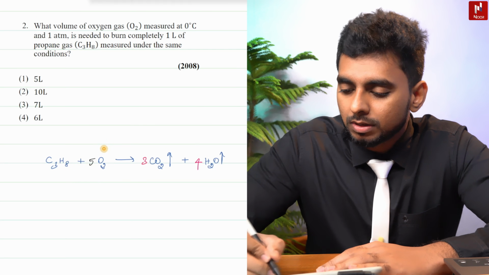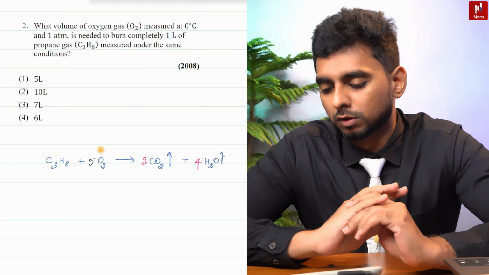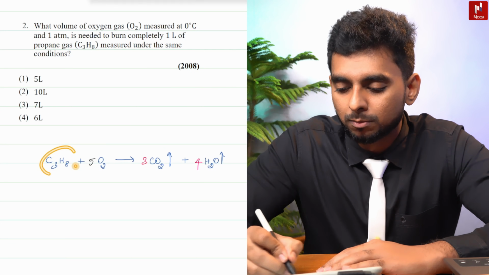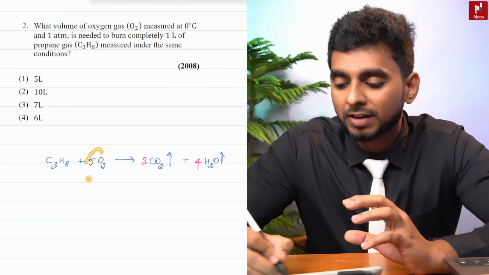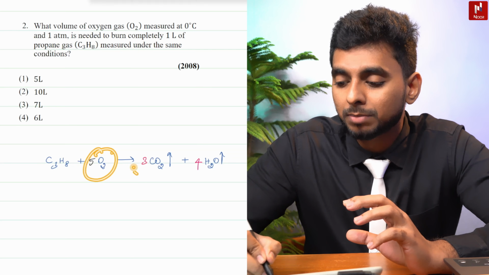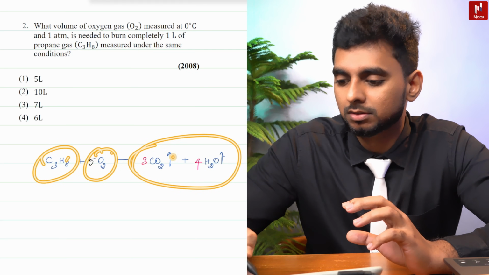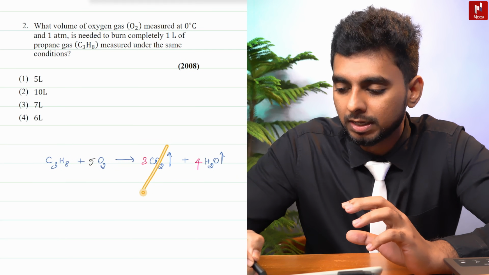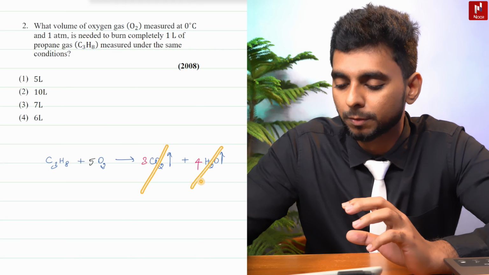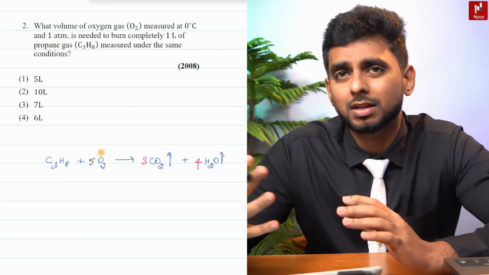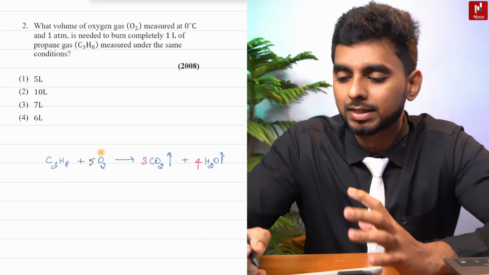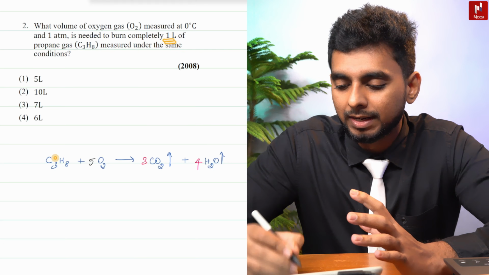Here I need 5 moles of oxygen. If it was 1 mole of C3H8, then I need 5 moles of oxygen to completely combust this C3H8, and that is when I'll end up getting 3 CO2 and 4 H2O. Here in this situation, it was not moles, it was liters.